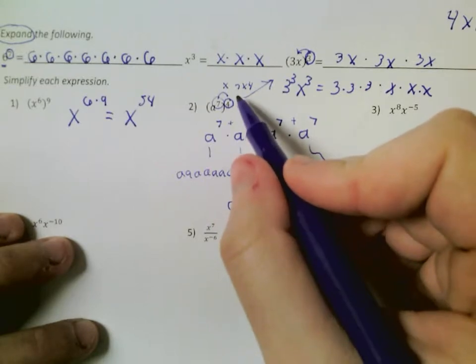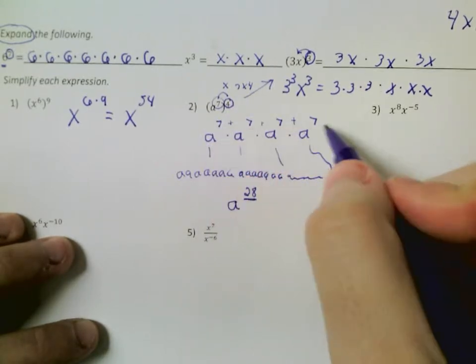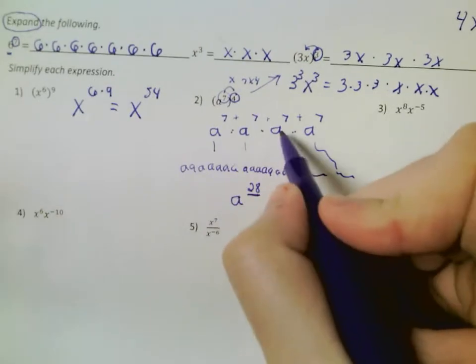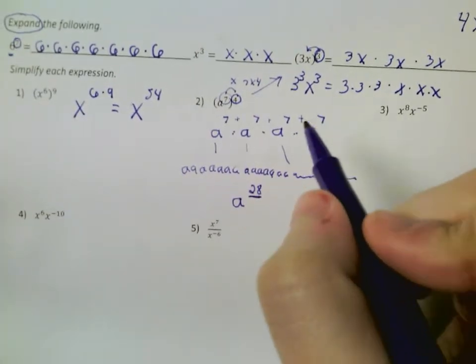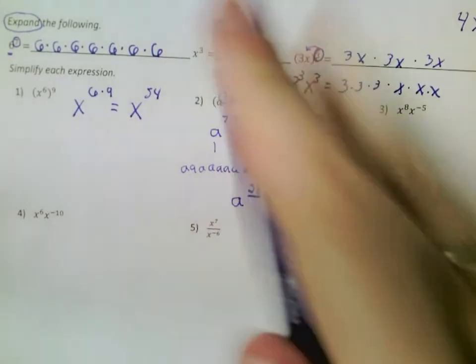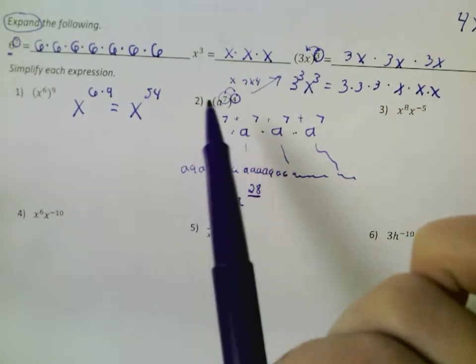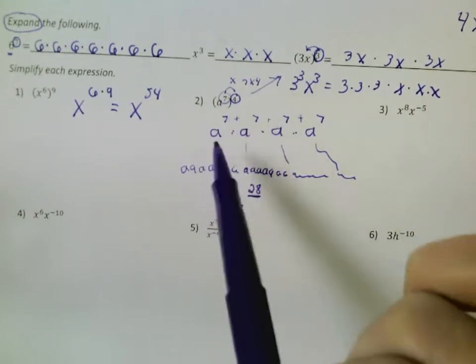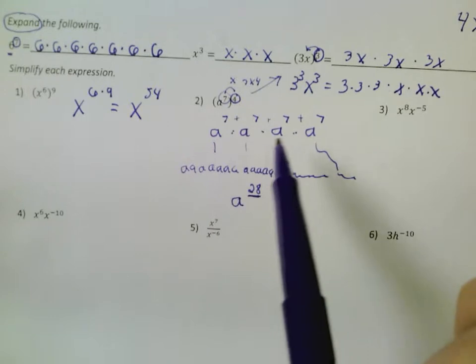But if you take that 4 and say that I have 4 of them, now you have separate a's. You have an a here, and an a here, and an a here, and an a here. That means you're going to add them. So again, referring to the rules up above, if you have one single a but 2 exponents, you need to multiply. But if you have multiple a's, you can add them together.